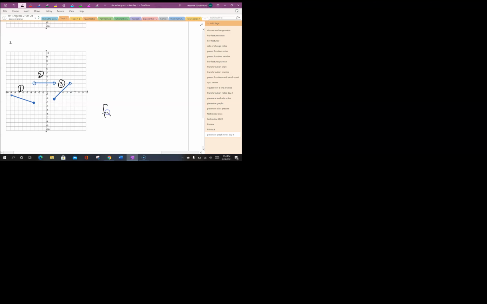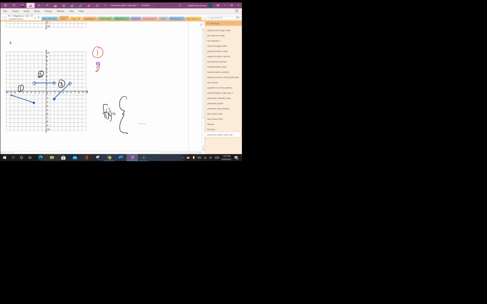So we know we're going to have f of x, equals, and then a big bracket. Equation 1 will go on the top line, 2 will go on the second line, and 3 will go on the bottom line. Okay, so now let's see if we can figure out the equations for these 3 graphs.